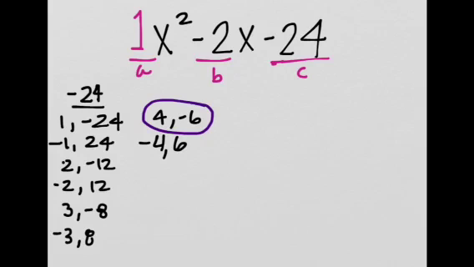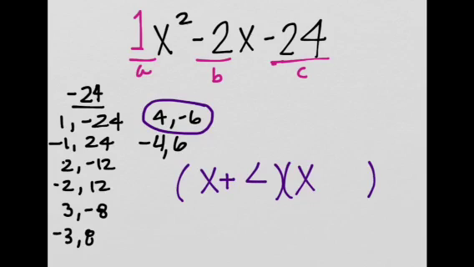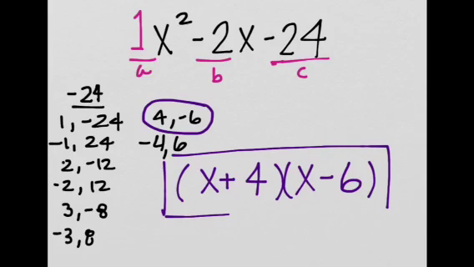So we simply take those factors and we drop them into our binomial so that it's x plus 4 and then x minus 6. So there's not a whole lot of work involved when your trinomial has a as 1 because you're just finding the factors of your c, and those factors that give you your b are just going to drop straight into your binomials.